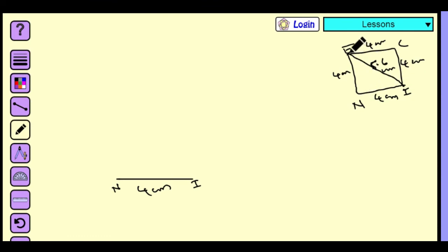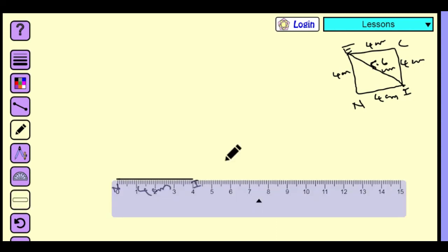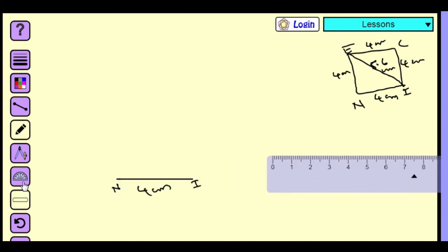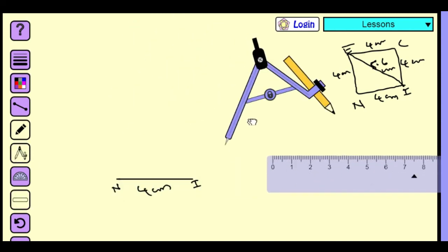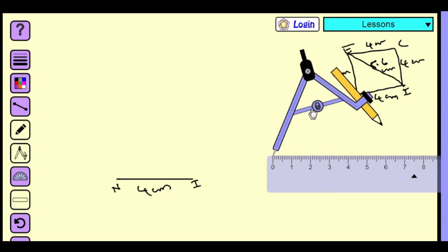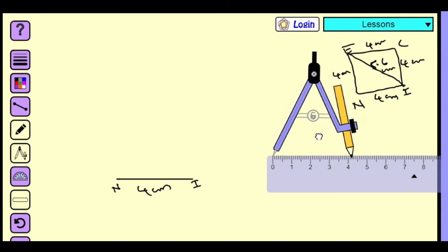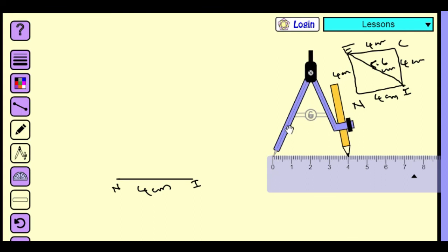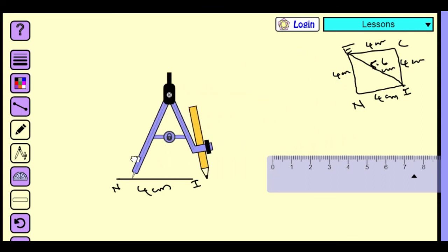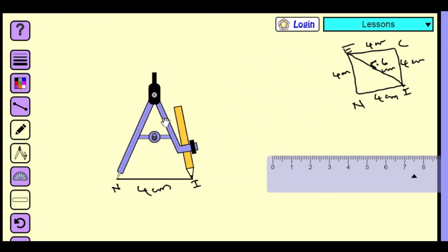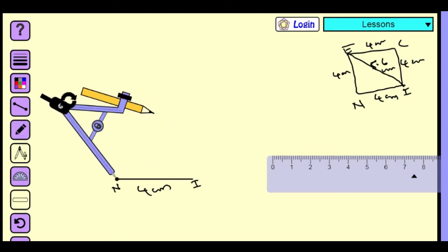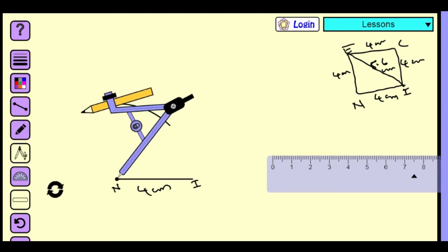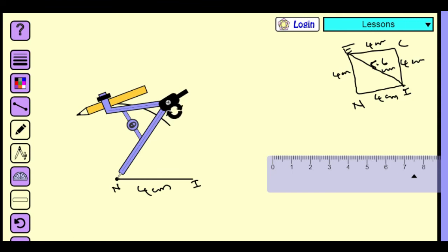Now construct the triangle NIE. For this we are going to locate the point E. Draw an arc from center N with the radius 4 centimeters. So take the scale ruler and set the compass radius as 4 centimeters. Now with N as the center, draw an arc with radius 4 centimeters.